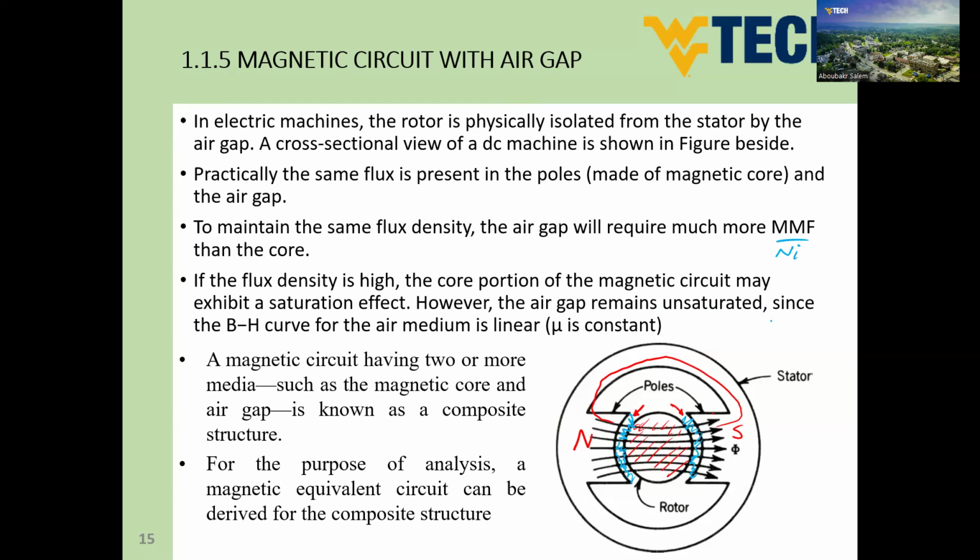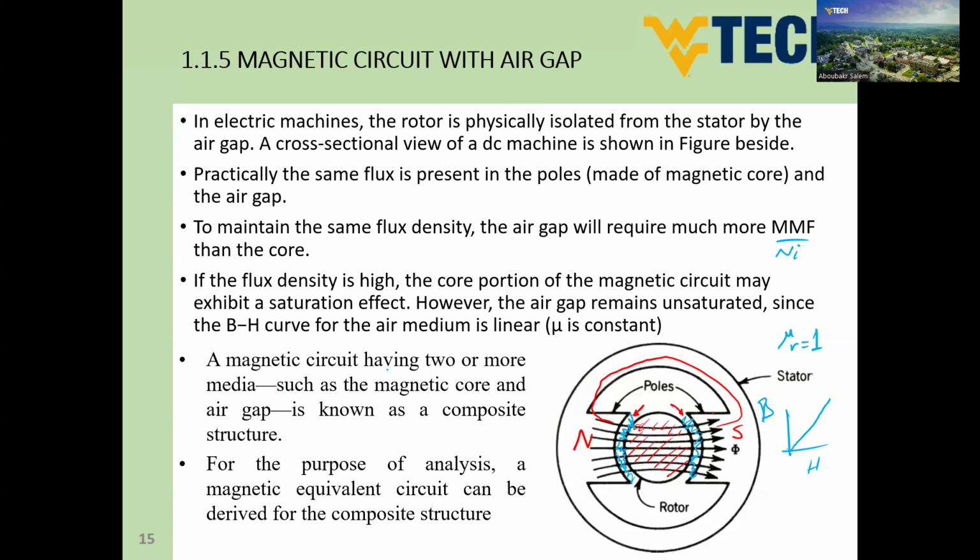So the relation for the air gap permeability is linear, because we mentioned that for free space, mu r equals 1. So if you have B and H for air, the relation is going to be unity, which means this is the relation. There is no saturation for the air gap.